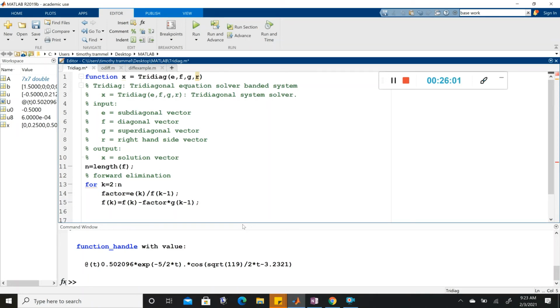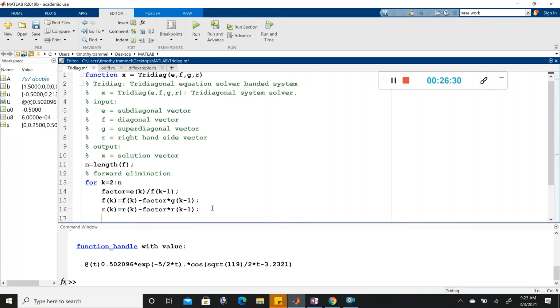And then we want to do the same thing for R. So you can basically copy and paste this. It should be R of k is equal to R of k minus the factor times the previous value of R, because what's above R of k would be R of k minus 1. So there's our for loop.